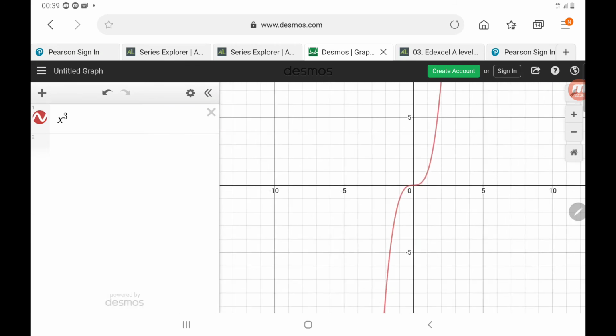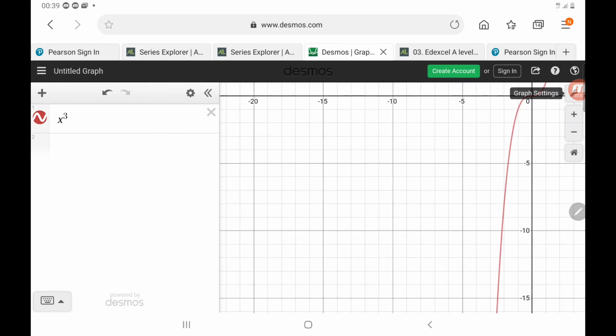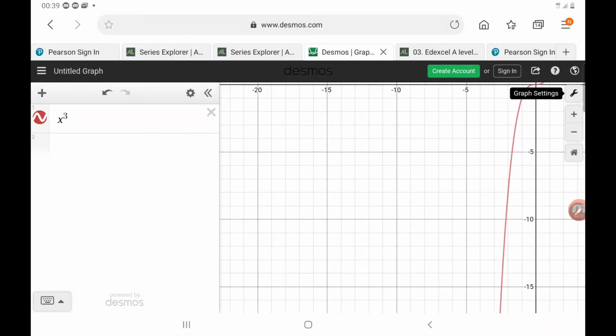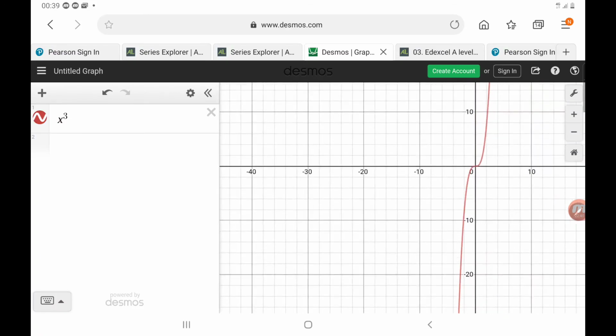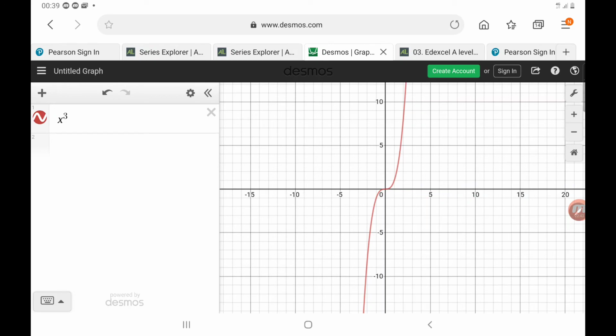Can you see? It's x to the power 3. So let me make it more precise for you guys. One second.